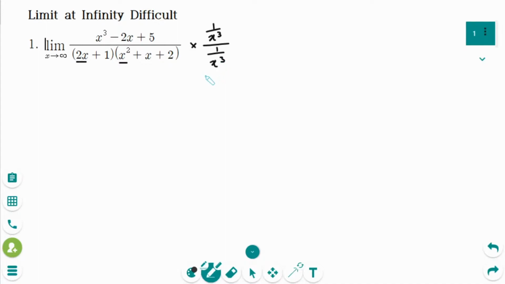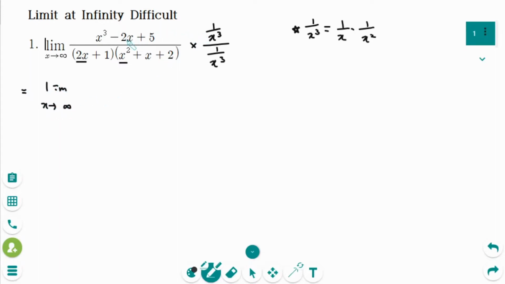We don't need to expand the entire denominator because 1 over x cubed means 1 over x times 1 over x squared. So we can write the limit like this. It's the same.